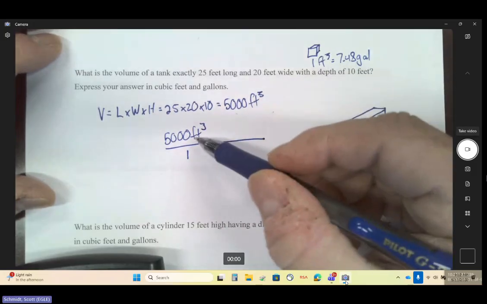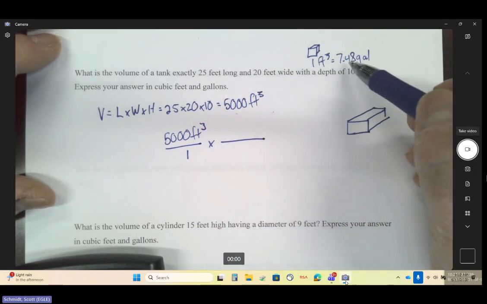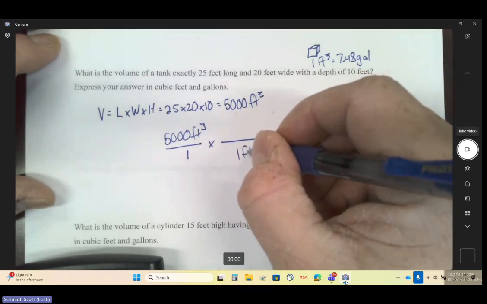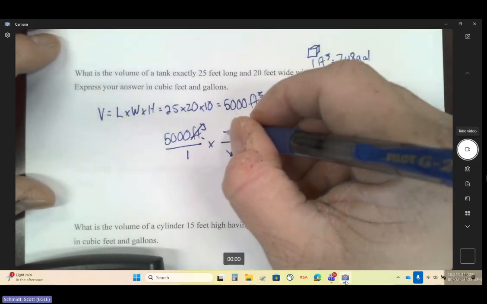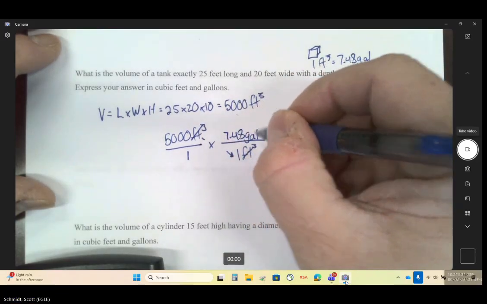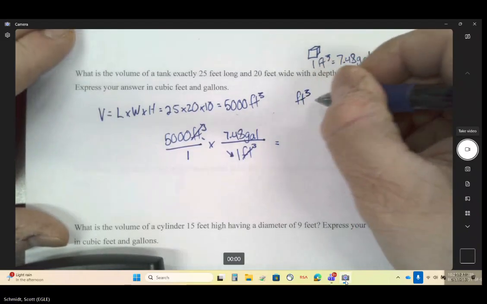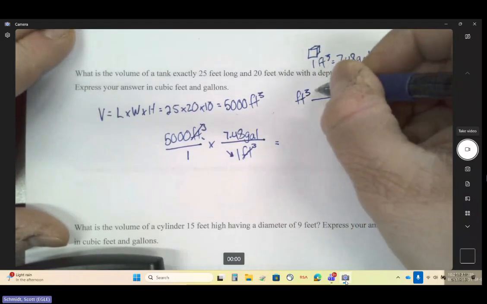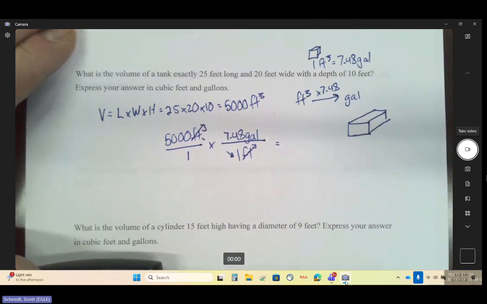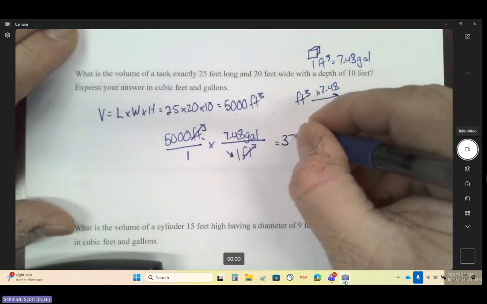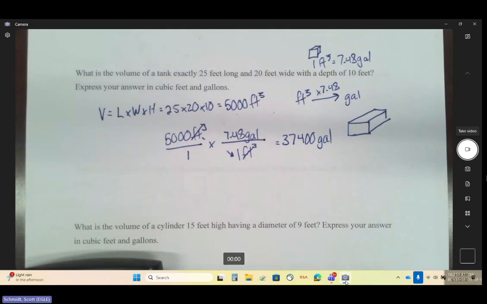In order to cancel, it's got to be diagonal, so you use your conversion factor: 1 cubic foot goes on the bottom, which cancels the cubic feet, and I put my 7.48 gallons on top. It's literally just multiplied. So to get cubic feet to gallons, in the future I'm just going to multiply by 7.48 to make our lives easier. 37,400 gallons is how many gallons that tank will hold.